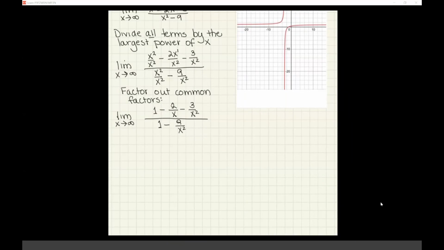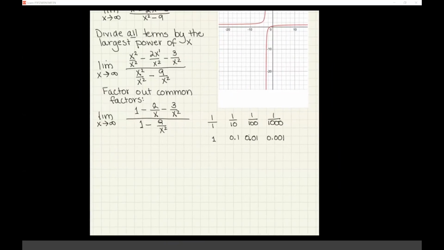Okay, so let's take a look at some example fractions. Suppose I have 1 over 1. That's a 1. 1 over 10. That's 0.1, 1/10. 1 over 100. That's 0.01. 1 over 1,000. 0.001.